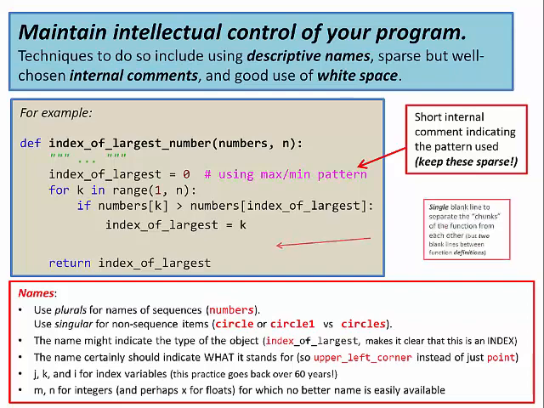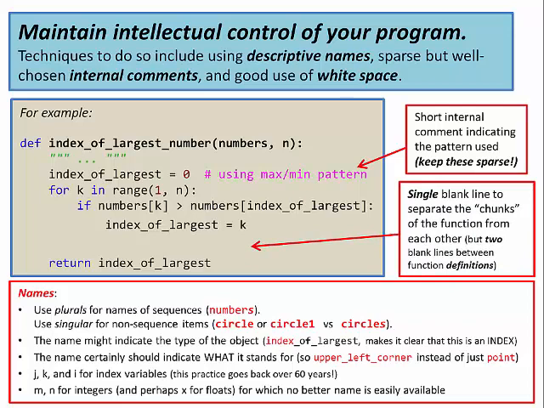And then finally, white space. You should separate the chunks of a function with a single blank line. Not more, because it makes it harder to read. Not less, because the blank line chunkifies things. It shows the logical chunks. The standard for function definitions is to have 2 blank lines between them.